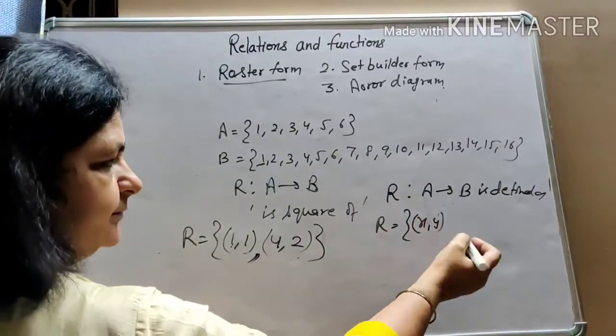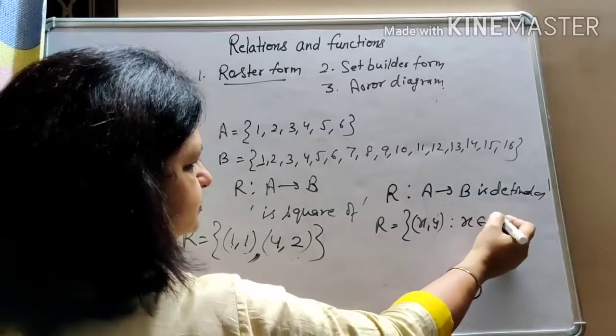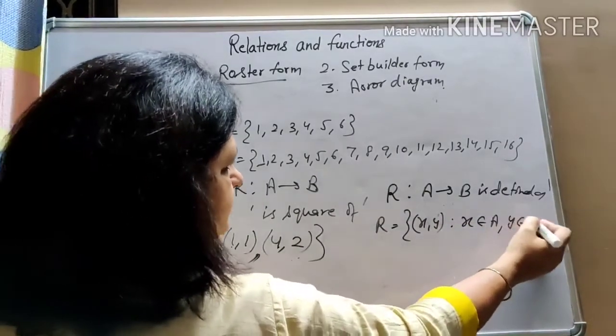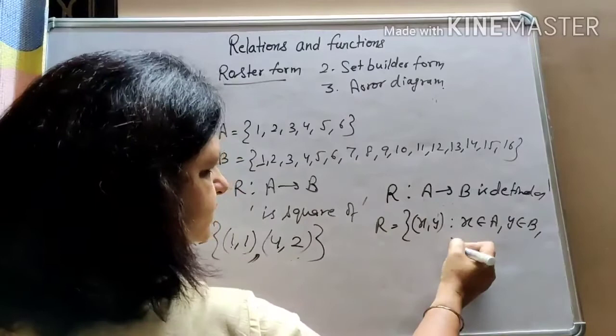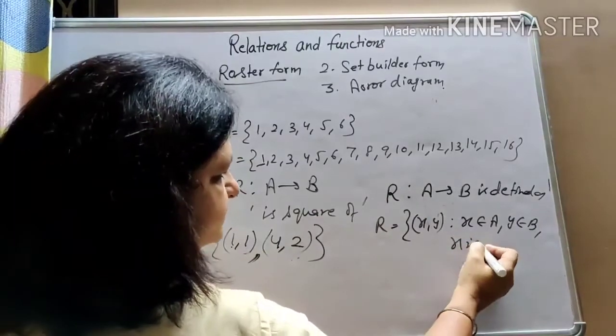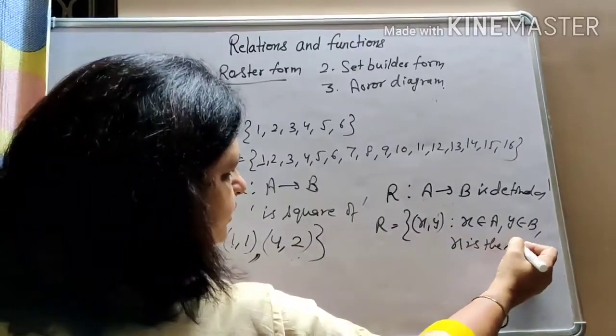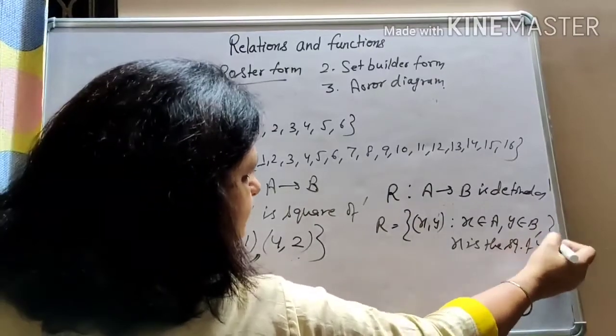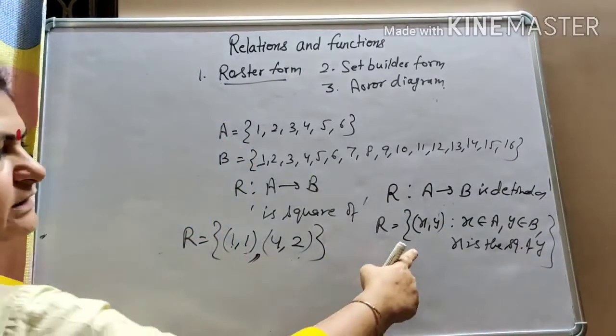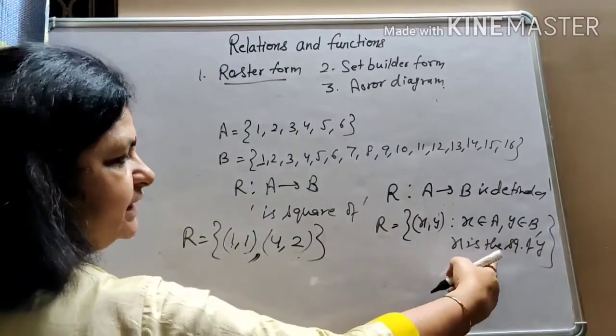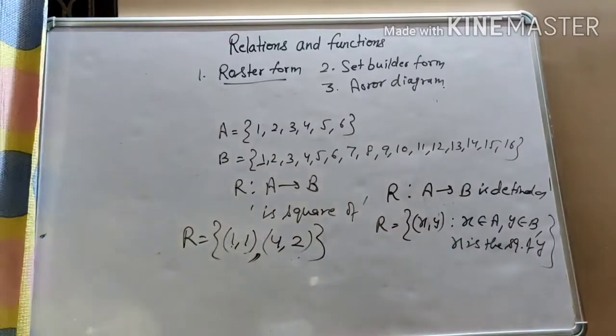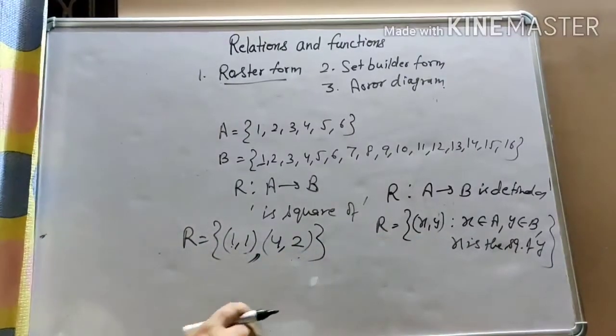It means an ordered pair where x belongs to set A, y belongs to B, and what is the relation? X is the square of y. And if we write in the wording form, in the statement form, then this is set builder form.